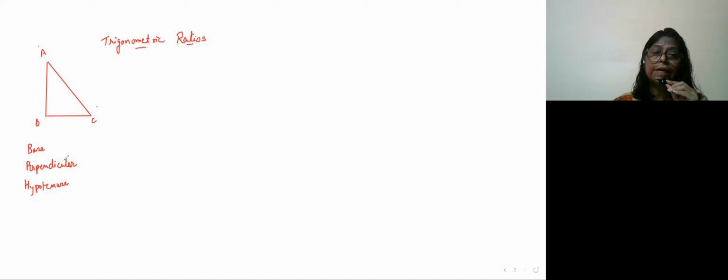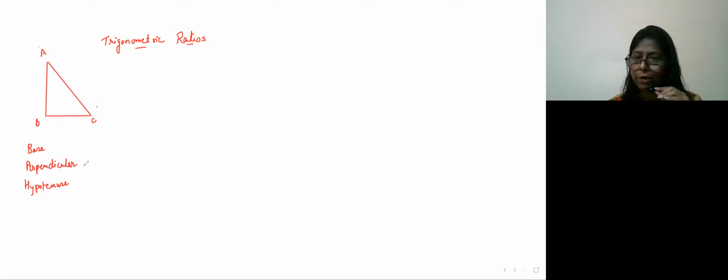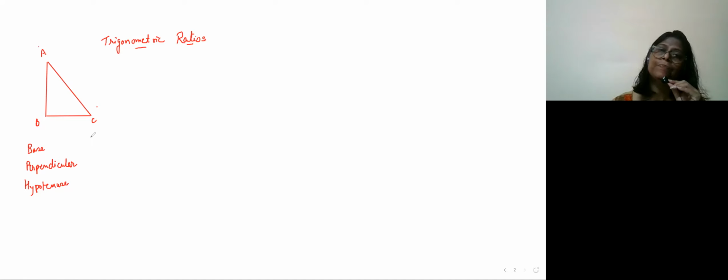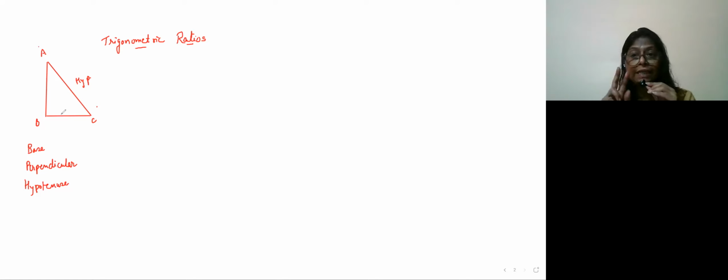Children, in this branch of mathematics, hypotenuse remains the same. Obviously, hypotenuse is the longest side of a right angle triangle. Now, the base and the perpendicular depend on the angle associated with the ratios.